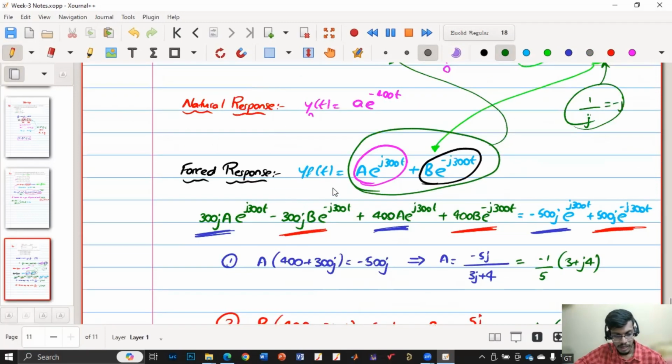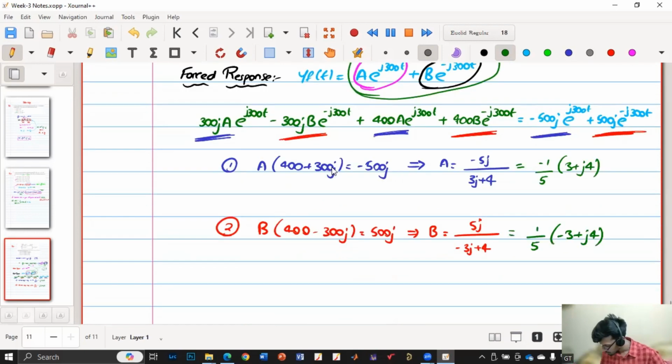Now we'll get the forced response, right? Forced response is what? Yf of t is A into this one plus B into that one. So now what I'll be getting? I'll be getting minus 3 by 5 into e to the power j 300t plus e to the power minus j 300t, plus.